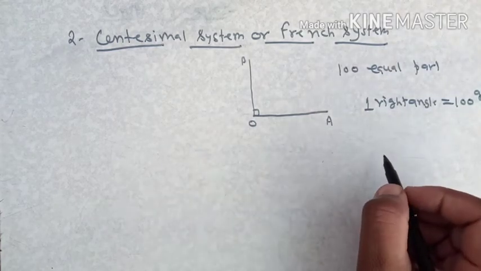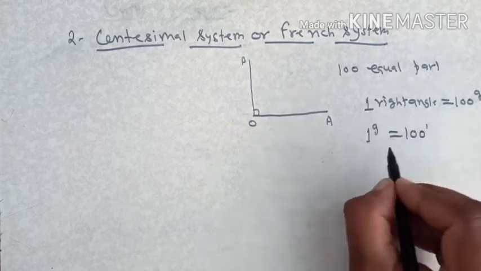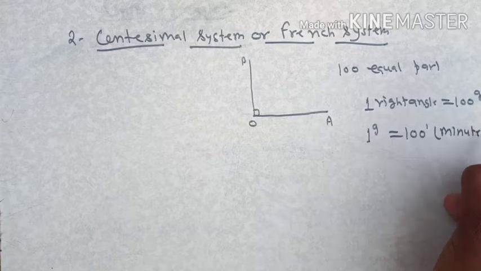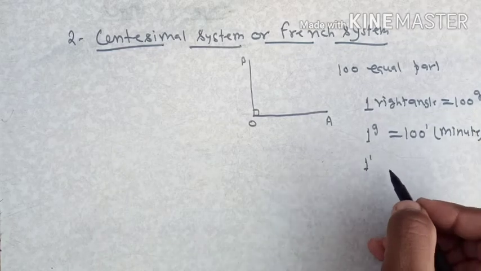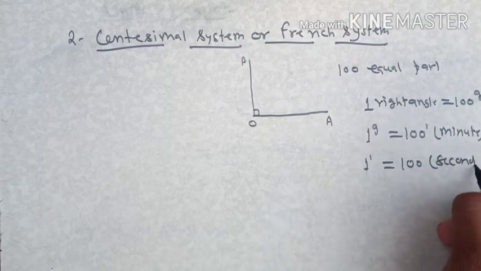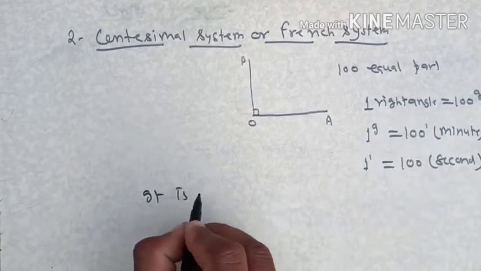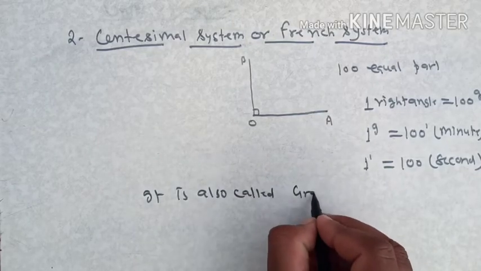Each part is called 1 minute. So 1 grade equals 100 minute. Again 1 minute is divided into 100 equal parts. Each part is called 1 second. So 1 minute is equal to 100 second. It is also called grade system.